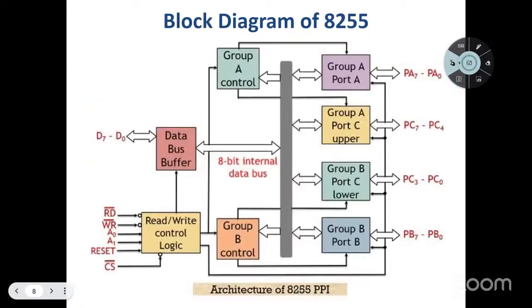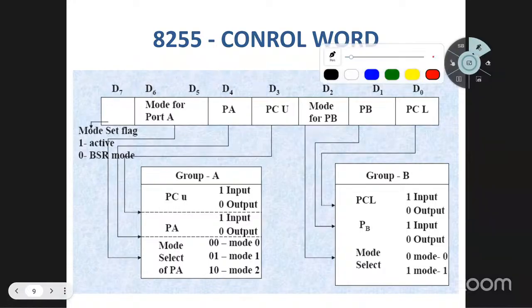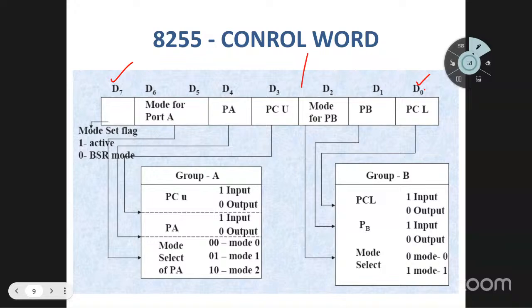Okay, 8255 architecture, then control word register, CWR. The CWR is the 8-bit register. 8-bit means the total bits are D0 to D7. The D0 to D7 bits, and here these 3 bits are used for the group B selection.